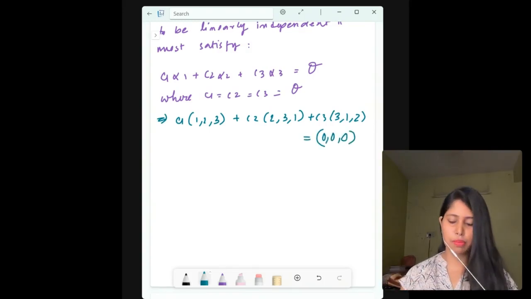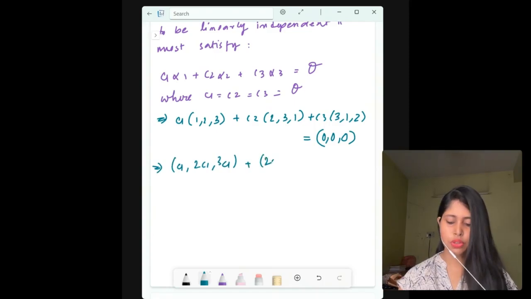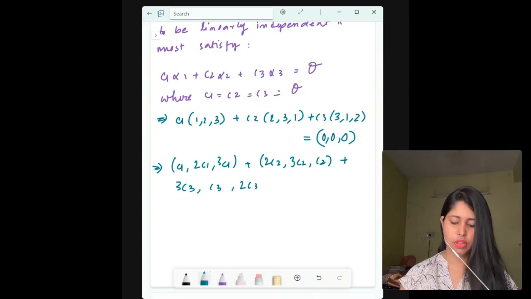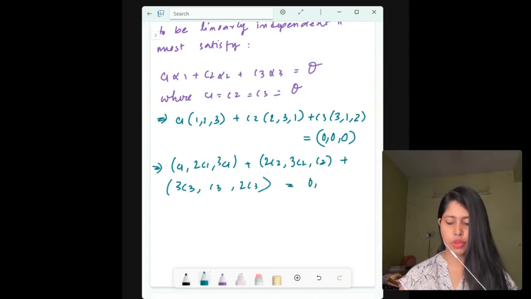Next you need to do the scalar multiplication. Please do that: (c1, 2c1, 3c1) plus (2c2, 3c2, c2) plus (3c3, c3, 2c3) equals (0, 0, 0).